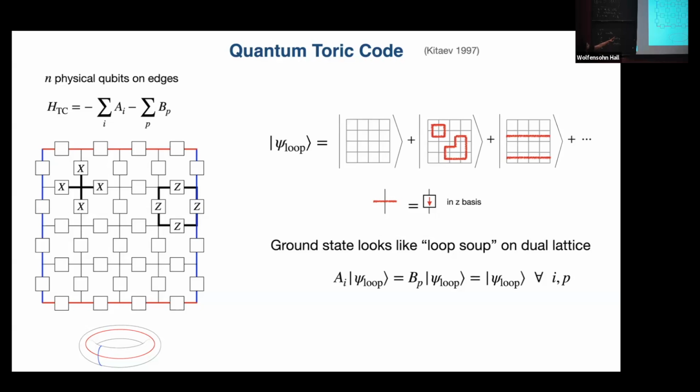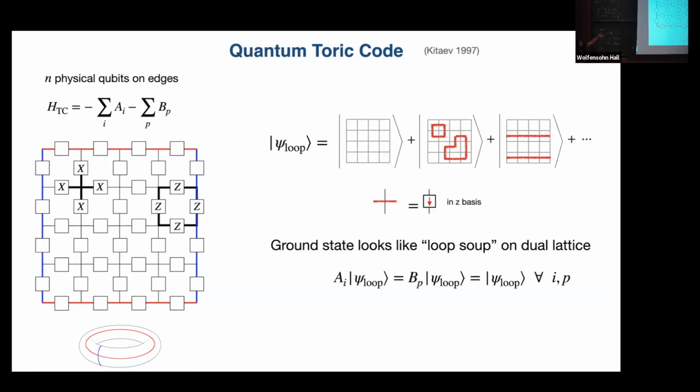But on a torus, this is where the periodic boundary conditions help us. On a torus, these X checks are not all independent. If you multiply all of the different X checks, as you wrap around the torus, every edge occurs twice. So the product of all of those X checks is 1. So you have 1 constraint on all the X checks, and only L squared minus 1 independent X checks.